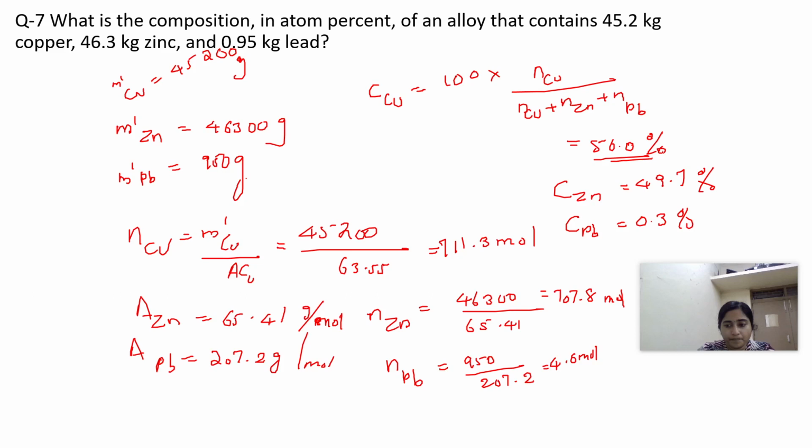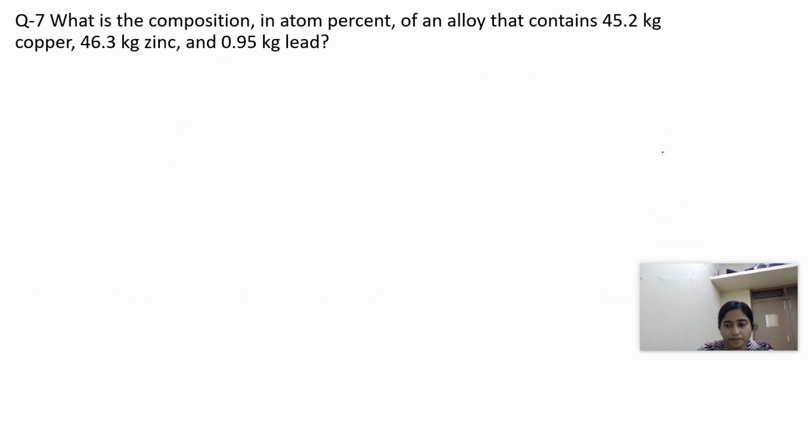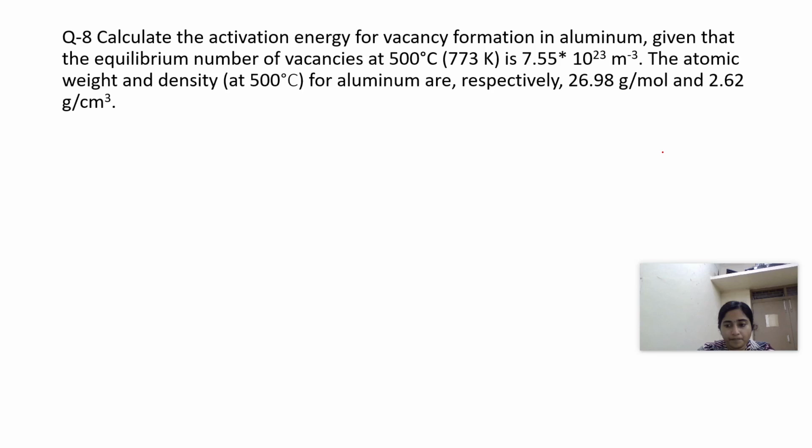Now we'll go to the next problem. What is the composition in atom percentage of an alloy that contains 45.2 kilogram copper, zinc and lead? Oh, I think we have already done that.